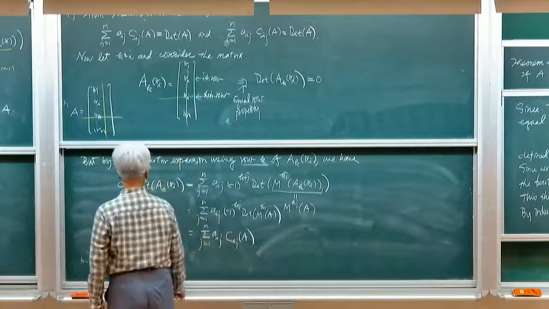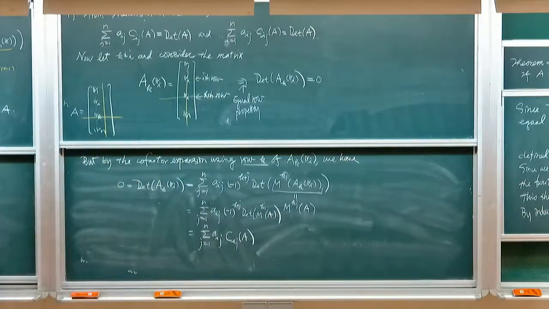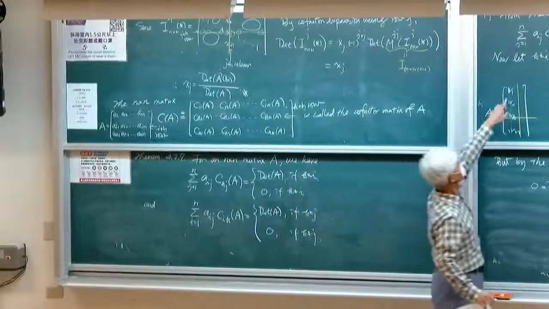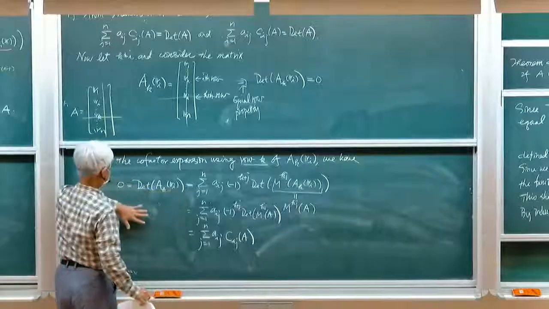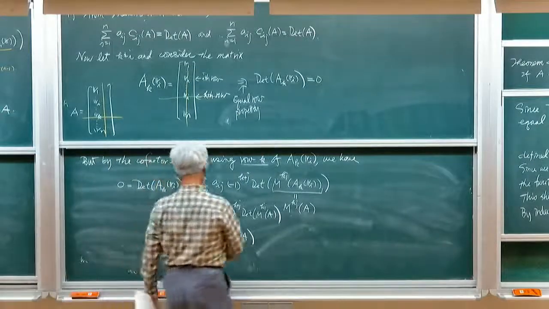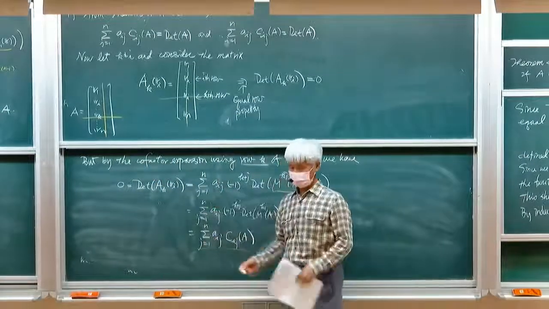Okay, so we have finished this part. If k not equal to i, we find that this sum is 0.